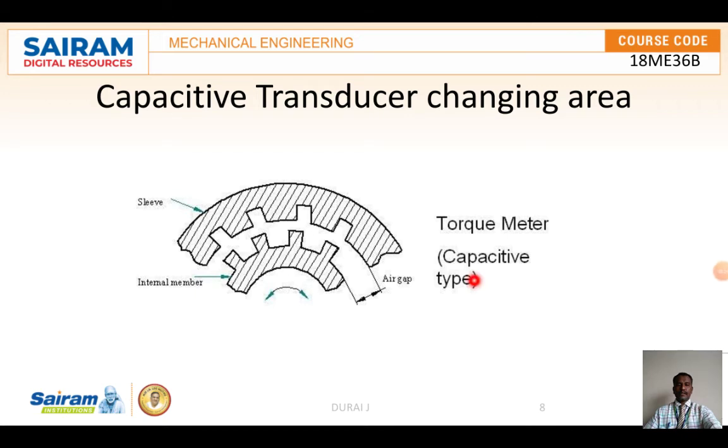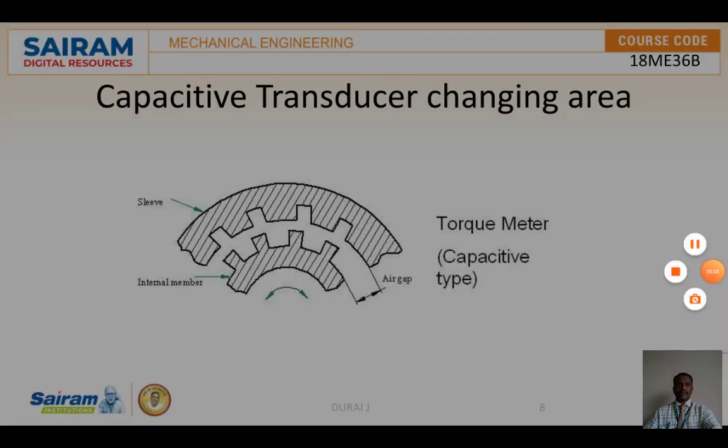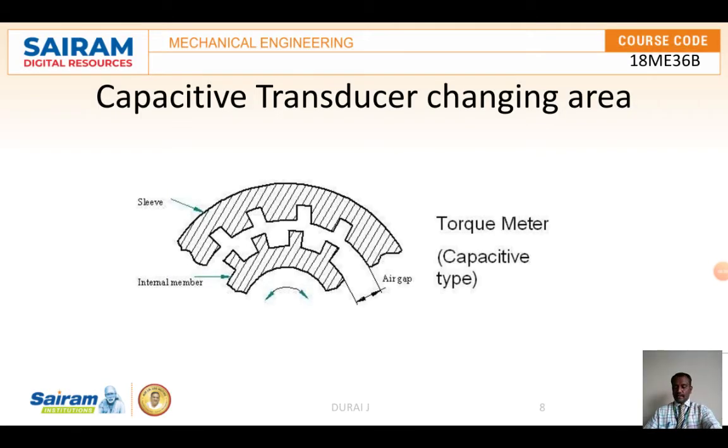So this is the capacitive transducer of changing area. Here the capacitance changes depending on the change of effective area. This is the principle used in the secondary transducing element of a torque meter. This device uses sleeves with serrations cut axially and a matching internal member with similar serrations.